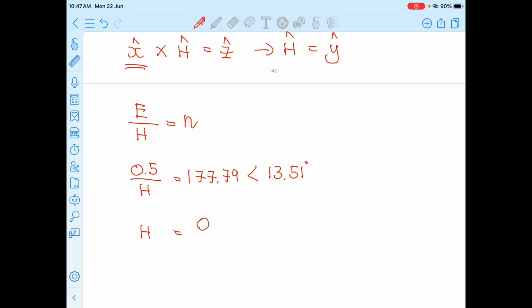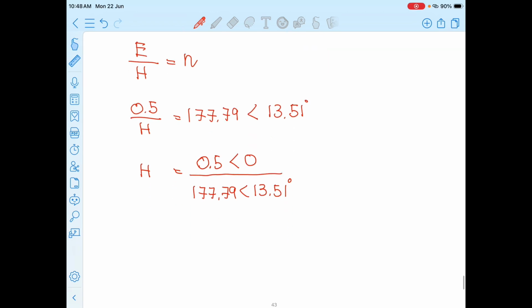So it will be 0.5, and the angle is 0 for the electric field, and 177.79 with angle 13.51. This will give me 2.81 milli, and for the angle, 0 minus 13.51. Minus because it is a division, so you get negative 13.51 degrees.